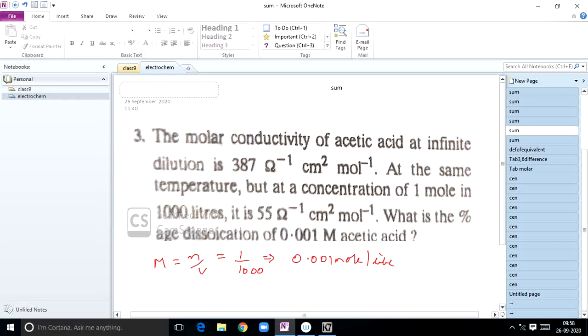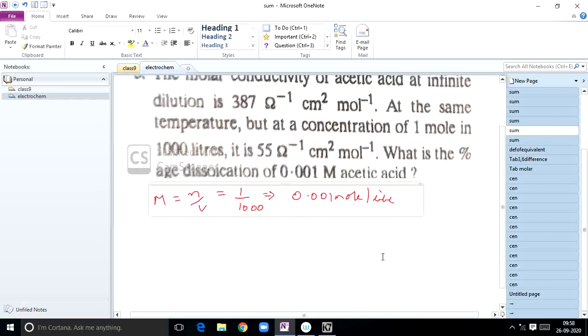After getting that concentration, what has been given? Lambda m infinity is given, no? At infinite dilution is given. Lambda m infinity of acetic acid is given.